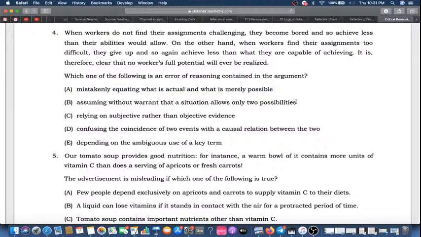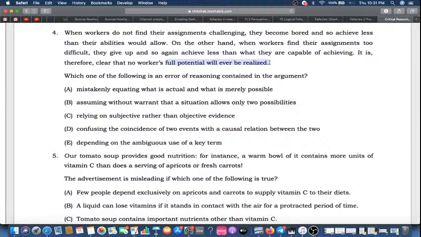B is the correct answer. And the moment you hear the answer, it will be very, very easy. Assuming without warrant, that means without any reason, that situation allows only two possibilities. Remember, he was saying the assignment is not challenging, and the assignment is too difficult. And he said, therefore, the worker potential will never be realized, right?